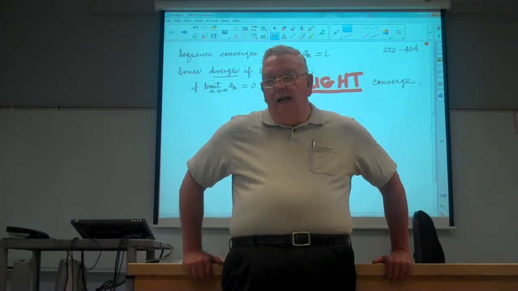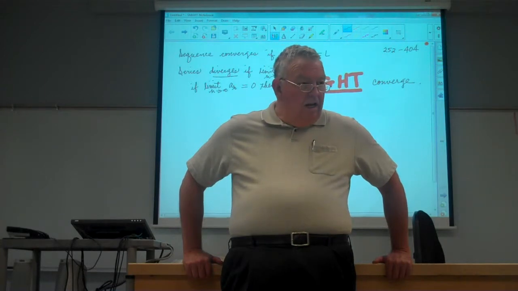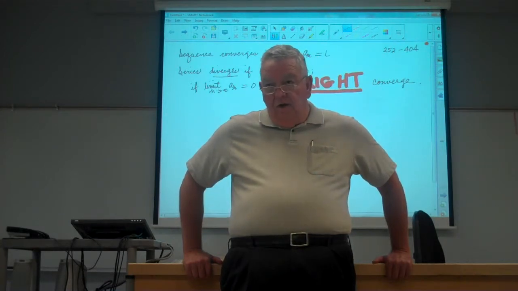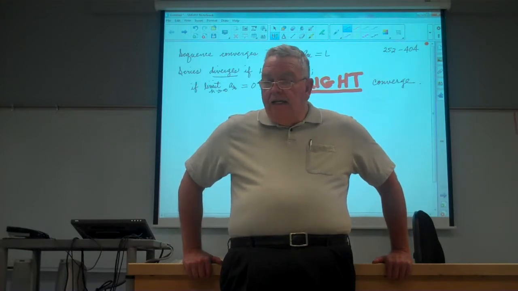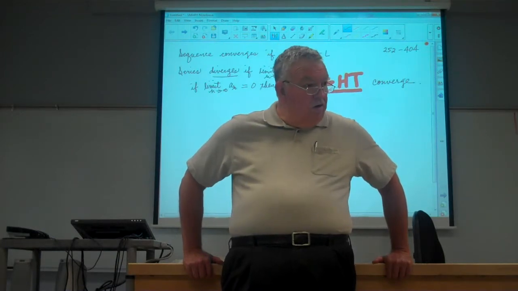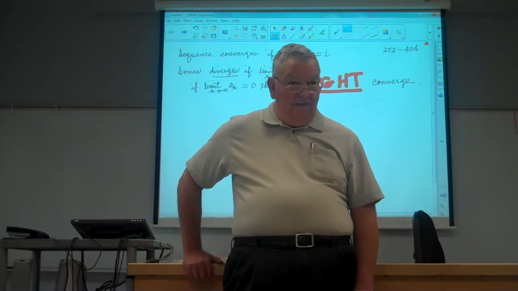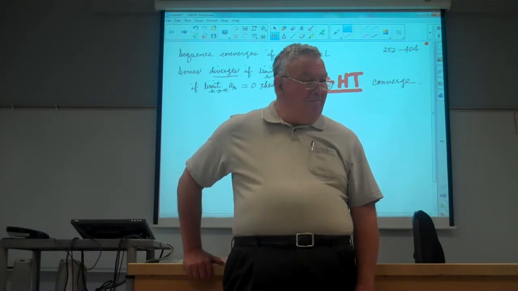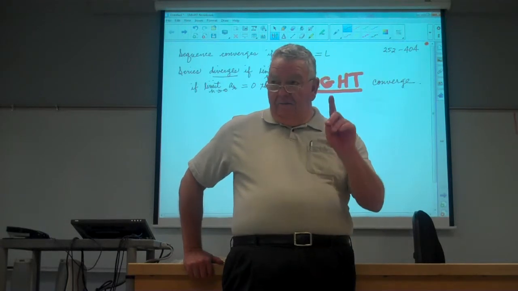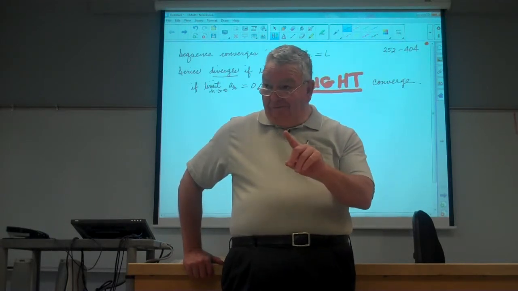If you take the limit of it and it's not equal to 0, stop right there, say it diverges, and go to the next problem. If it is 0, you haven't done anything except you know that it might converge. But if you know that it might converge, that means it also might not converge. Agree?